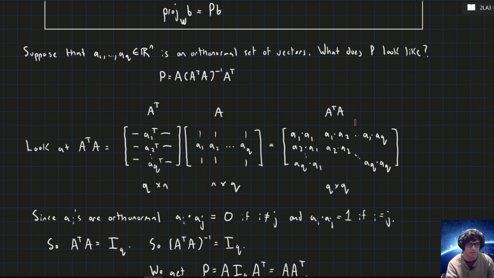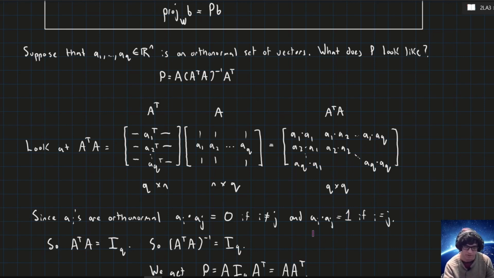So, since the A's are orthonormal, whenever we're taking the dot product of AI times AJ, it's going to be 0 if I is not J. That's just the definition of an orthogonal set. So what does that mean for this matrix? It means everything not on the diagonal is going to be 0.